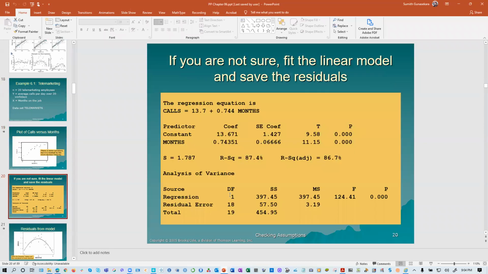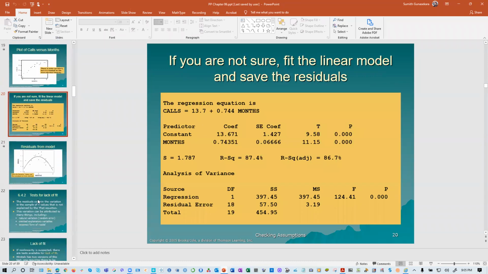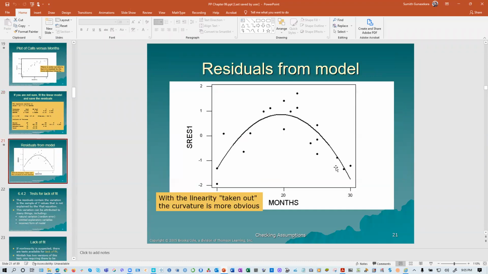So when they run this, they saw the R squared and the B naught value in the regression equation. But they went to the residual plot, not Y versus X. And they saw this kind of shape.